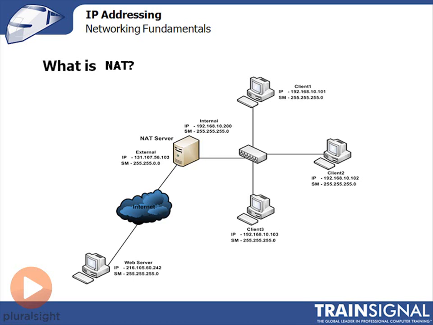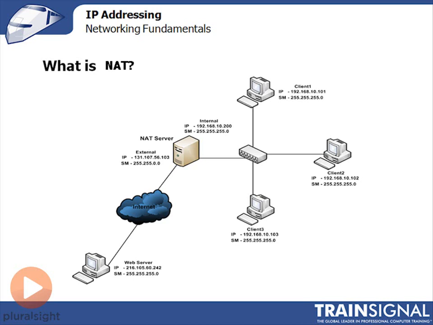So it sends a response back to the NAT server. The NAT server then receives that response and says, who was looking for this website? I look at my cache in my memory and I say client 1 was. So I retranslate the IP address and send this response back to the original requester, which was client 1.